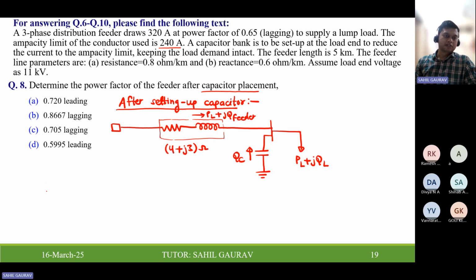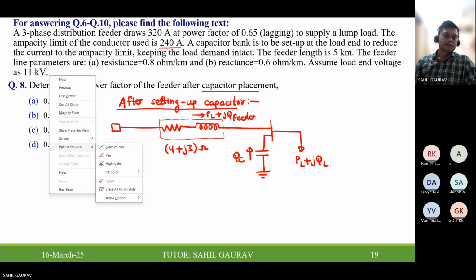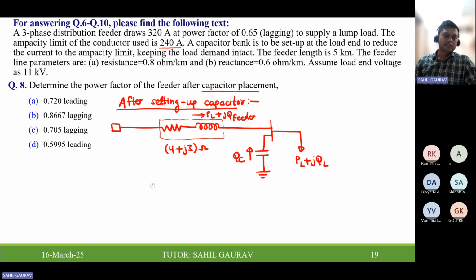Let me change the color. Those who are getting the answer, you type on the chat box, and you can solve by many ways. There is not a single way. So since we know that after capacitor placement, the current flowing is 240 ampere.